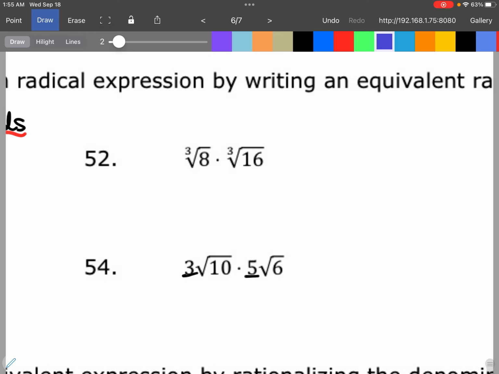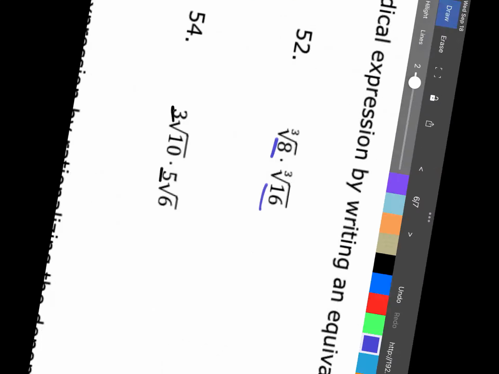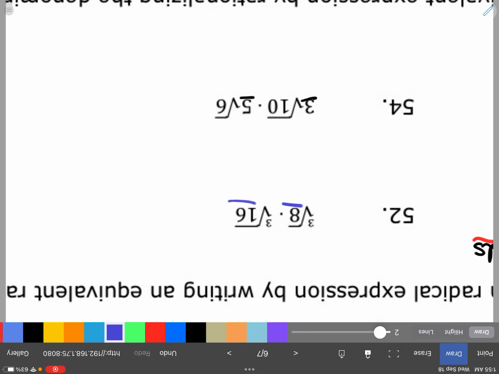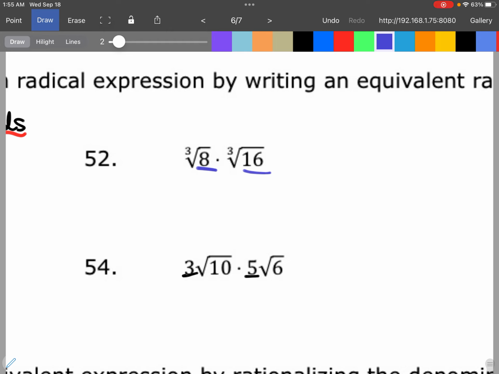We had 8 times 16. I go to my calculator and I type in 8 times 16 because I'm supposed to do this now. 8 times 16 is 128. Cube root of 128.